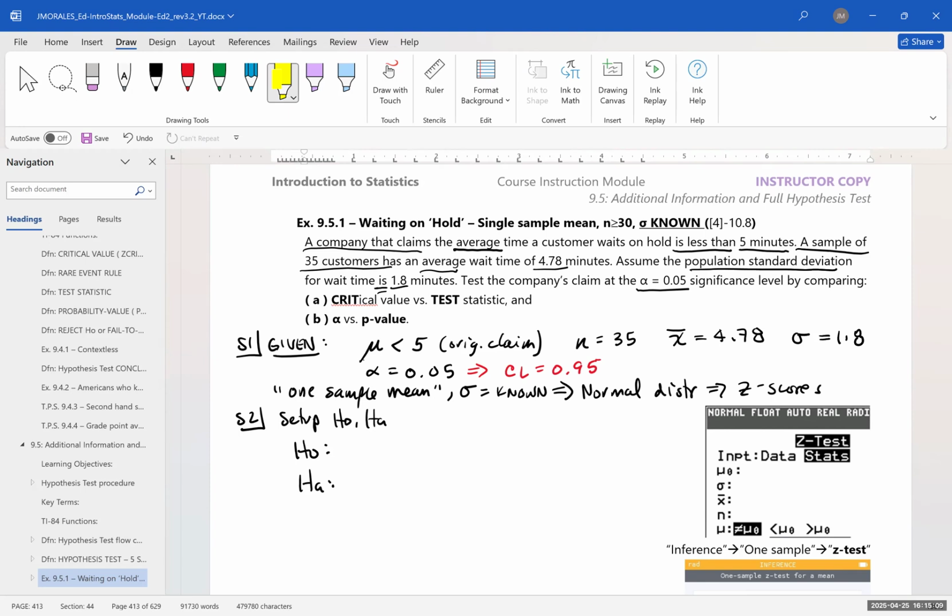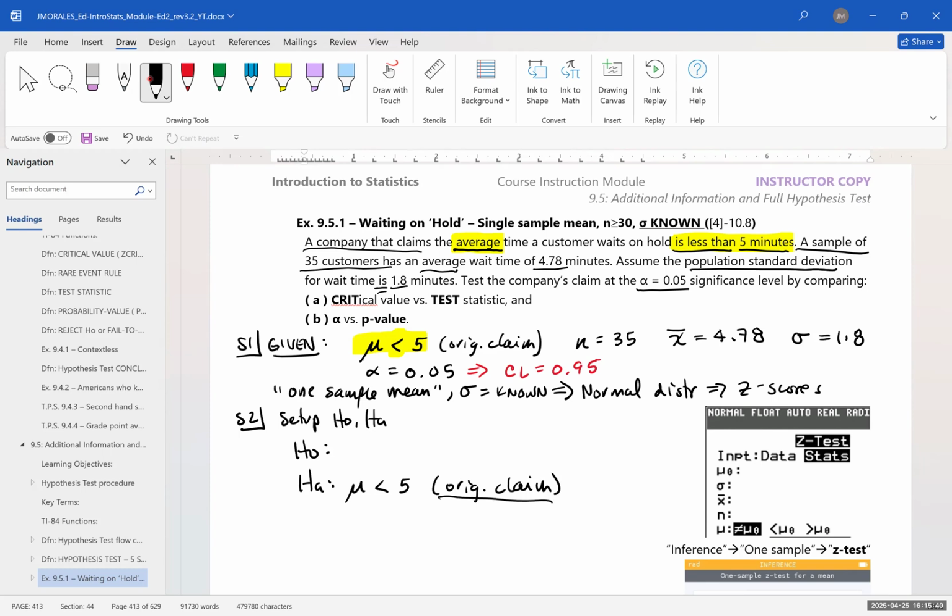And what we did is we took our claim and converted that into a mathematical or algebraic inequality, and we got this. So notice that the inequality that we're using is just less than. It's not less than or equal to. So because it's less than, that's going to be our alternate hypothesis. And this was our original claim.